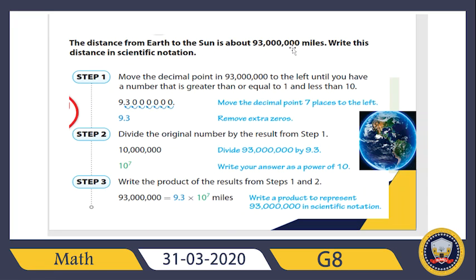Here, 93 million miles. I want to make this number easier, in order to be able to calculate with it in an easy way. If I have another number as big as this, I will not be able to calculate with such zeros. So scientific notation is a way to make the number simpler for more calculation, okay?